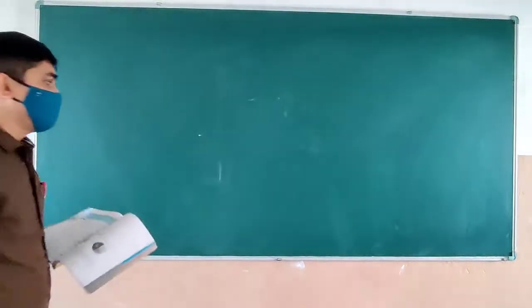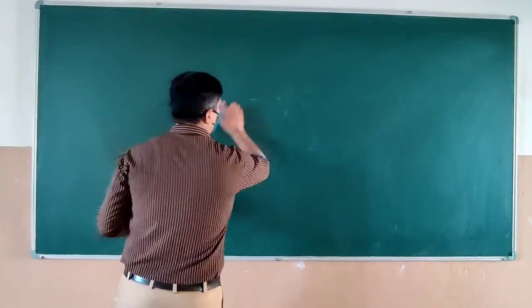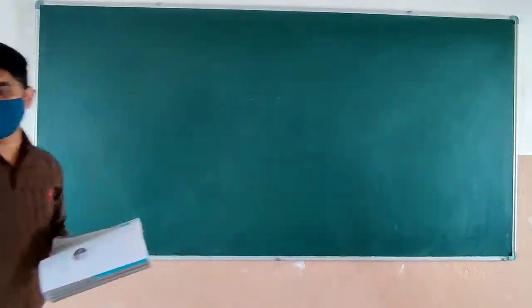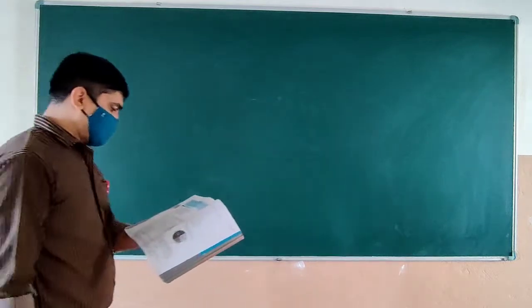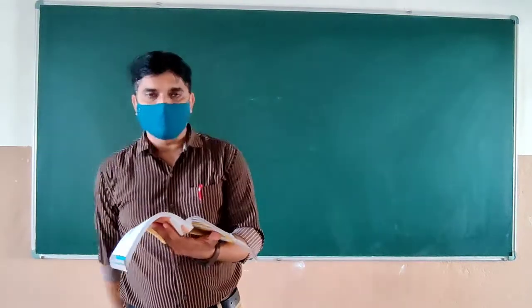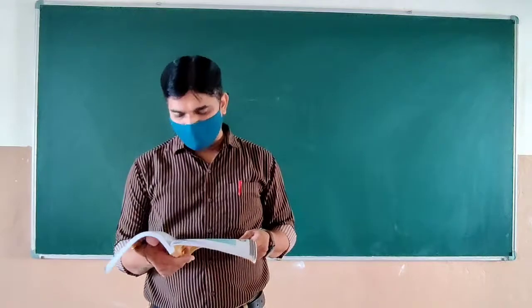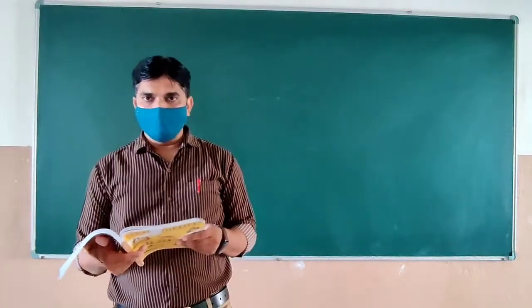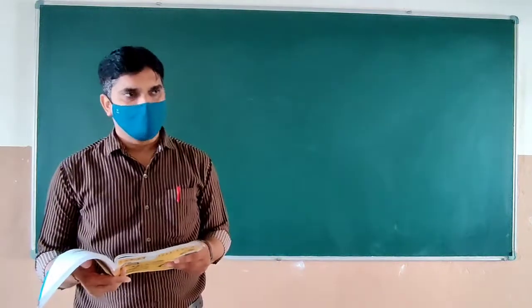Now with me, you are supposed to draw this one. Question number 2. It says the shoppers who come to a departmental store are marked as M for men, W for women, B for boys, and G for girls.